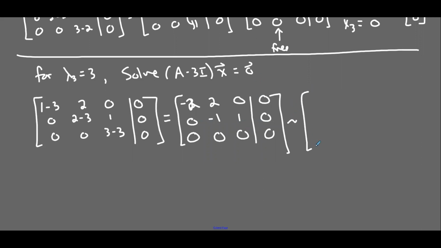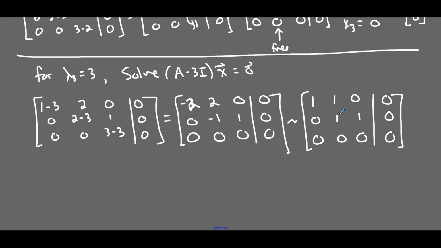So let's multiply the first row by negative 1/2. Multiply the second row by negative 1. So it's almost row reduced.